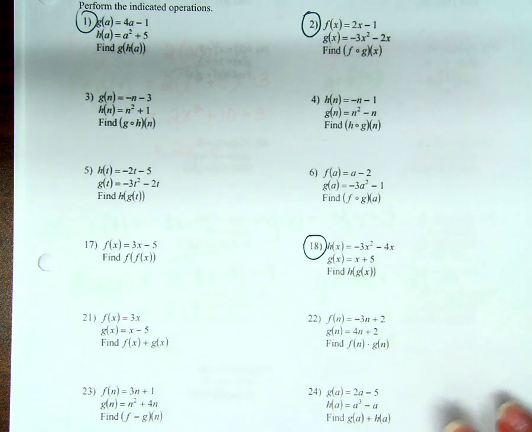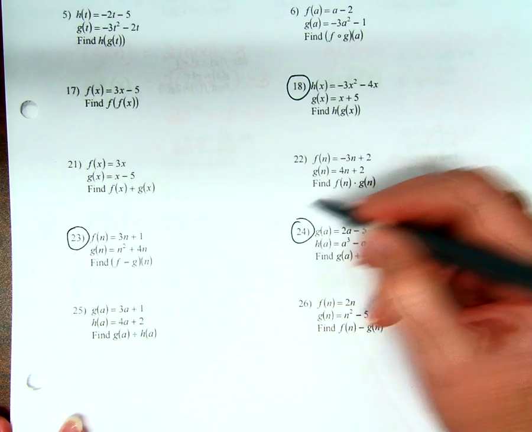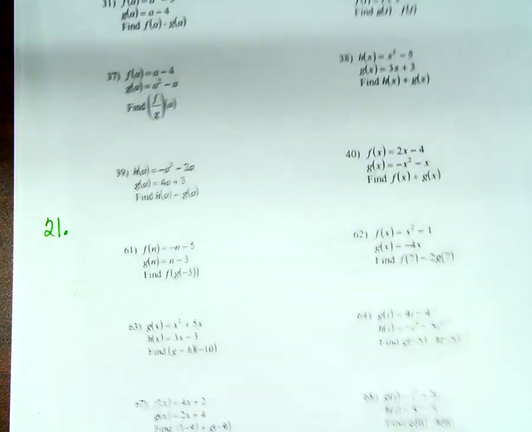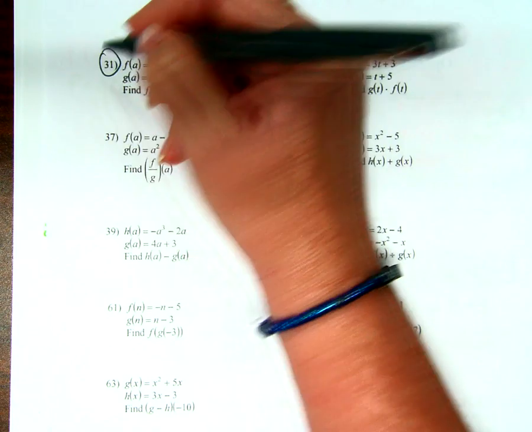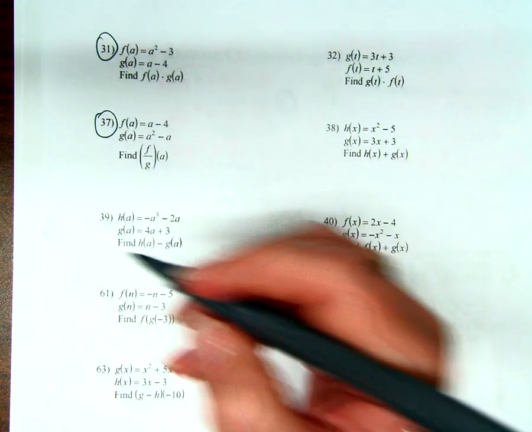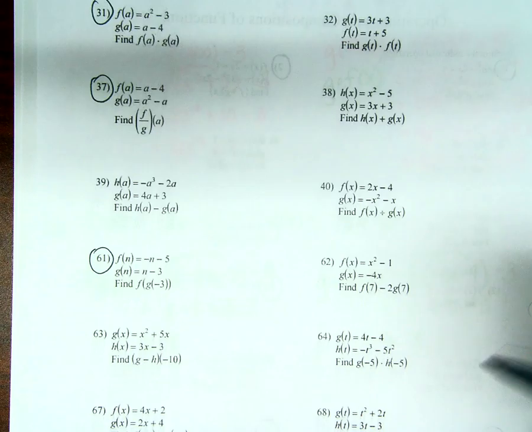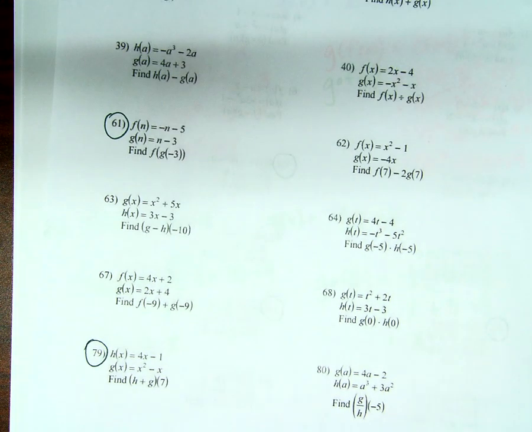Just don't do it. 23, 24. Turn it over to the back. Please do number 31 and 37, which is directly underneath it. And then 61. And then 79. Okay?